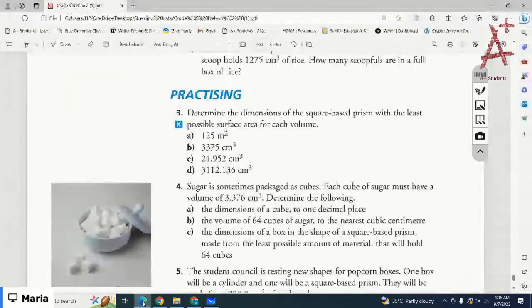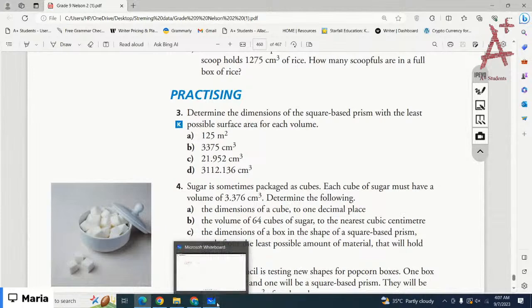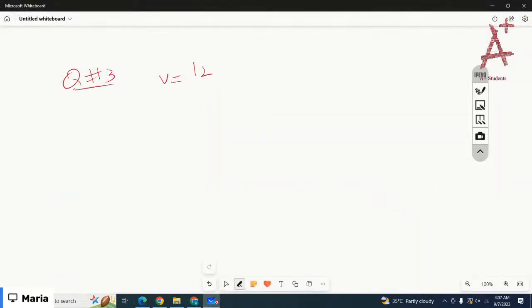You are given the volume equals 125 meters cubed. You have to find the dimensions of the square-based prism, right? So we know that the square-based prism with a minimum surface area for its volume is a cube. So we will use the formula for the volume of a cube, right? So V equals 125.